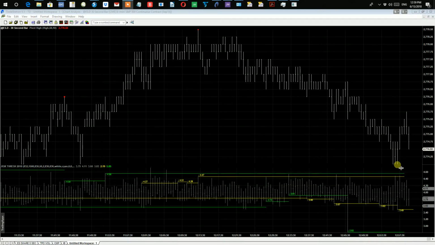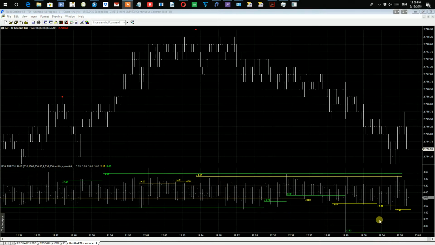So when I blow this up a little bit more so you can see the definition, we look at these lows here. Obviously, we're getting lower, getting lower. That was a big bar down. We continue to move lower. We look at this, that's lower than this. That's lower. There was a little divergence here.